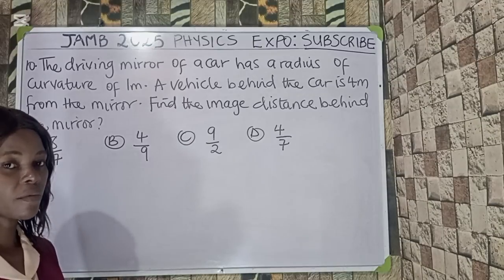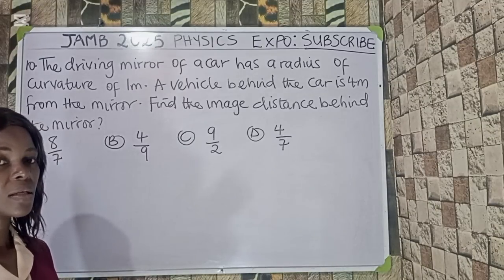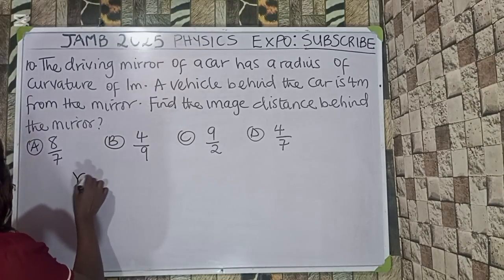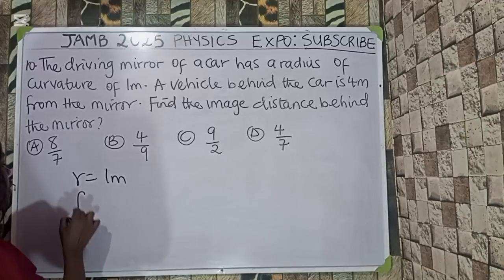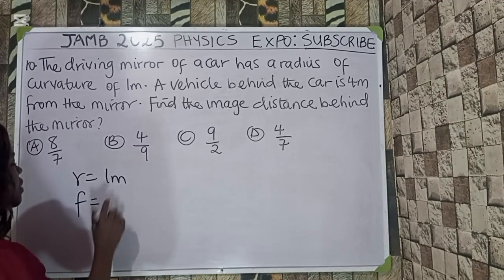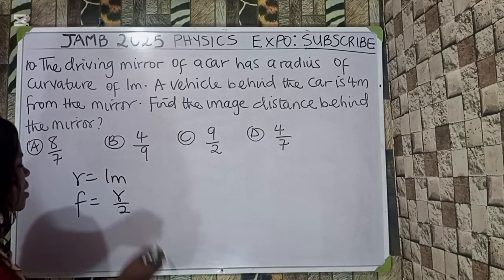Driving mirrors are usually convex mirrors, and for convex mirrors their focal length is usually negative. So we are given the radius of curvature, that is r, to be 1 meter, right? Then for my focal length, you know that focal length is radius of curvature over 2. Okay, now that will be what?